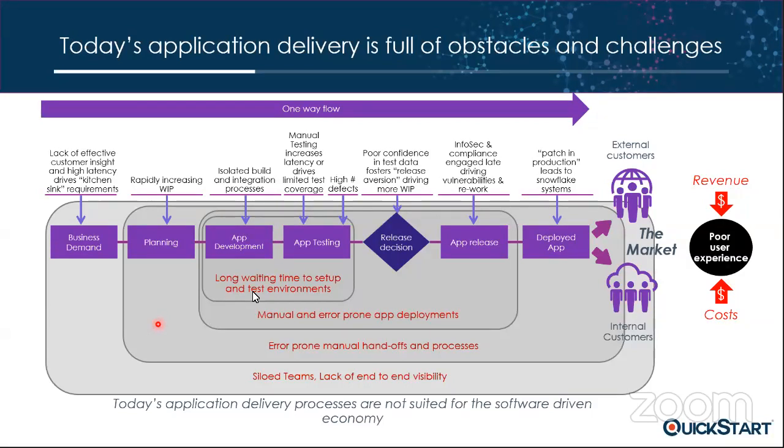As a result, there is a lack of transparency and end-to-end visibility that prevents predictable deliveries, right? So the business sees costs going up for poor outcomes. So this is the problem, right? So what do we do to fix this situation?